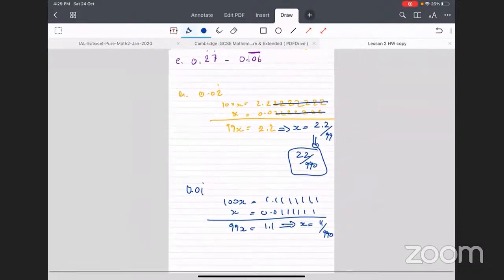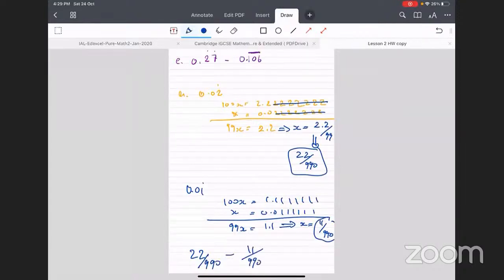So basically, to solve this, we have two fractions. We will just subtract the two fractions. So 22 over 990 minus 11 over 990. The denominator would be 990, and 22 minus 11 is equal to 11.